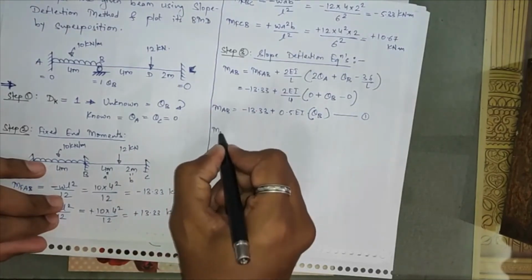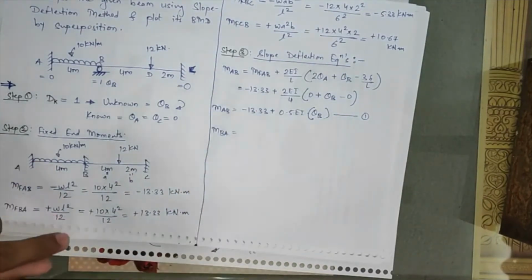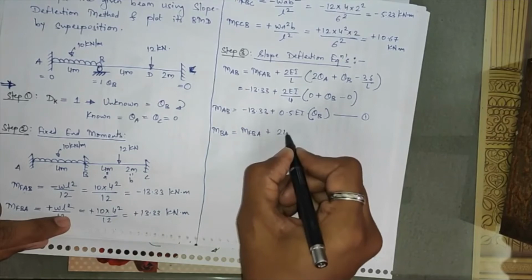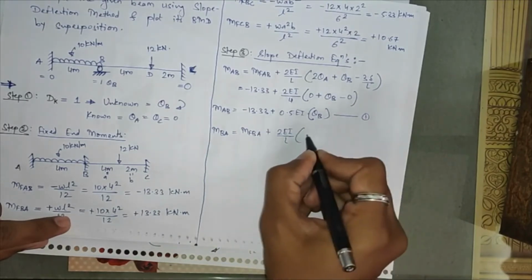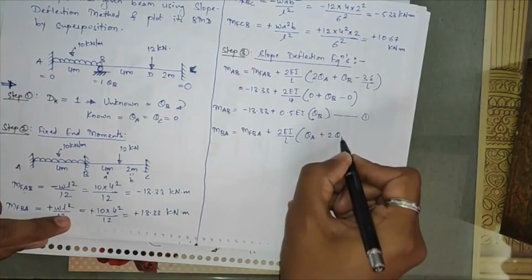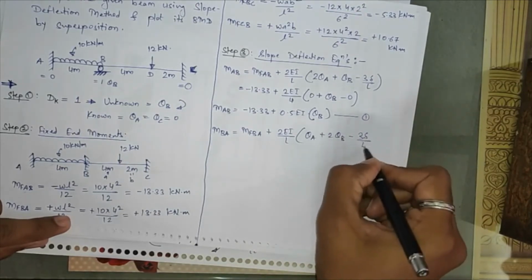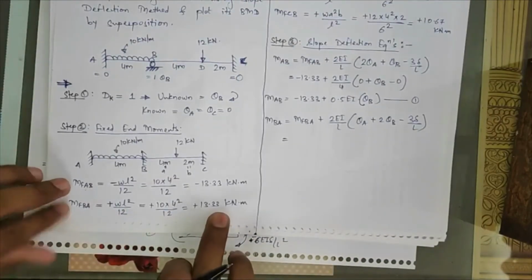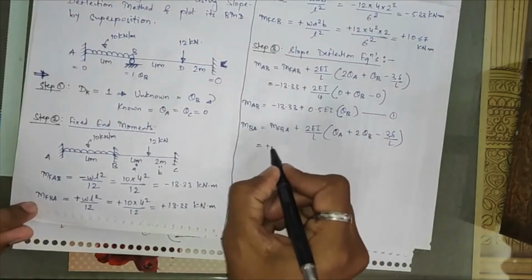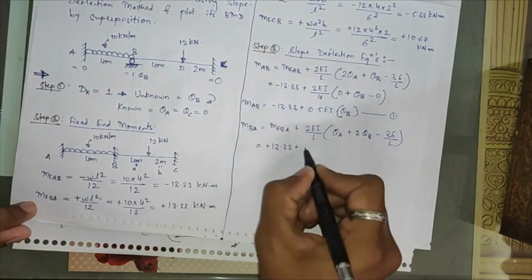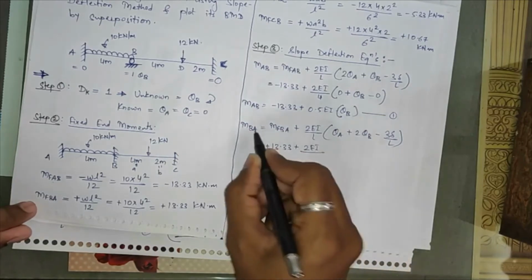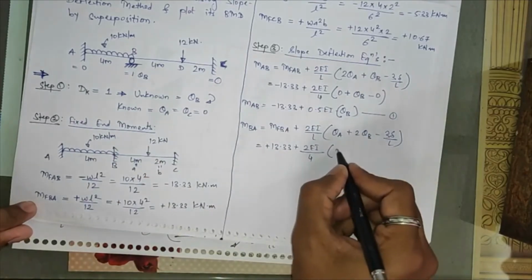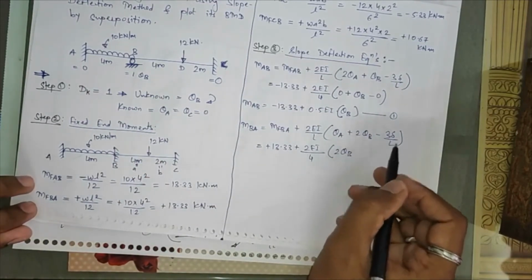Next we'll move for second member, that is MBA. Now MBA basic equation, how you will get? MFBA plus 2EI divided by L into bracket theta A plus 2 times of theta B minus 3 delta divided by L. We'll substitute the values again here. MFBA value that I have got is plus 13.33. So plus 13.33 plus 2EI divided by L of member BA, that is again 4, into bracket theta A, that is your basic known value, it is equal to 0, plus 2 times of theta B, and delta will become 0 again.